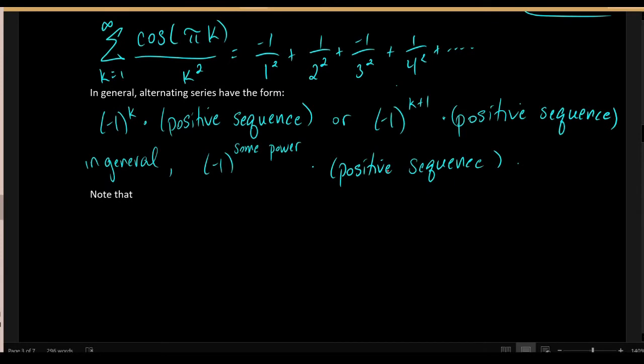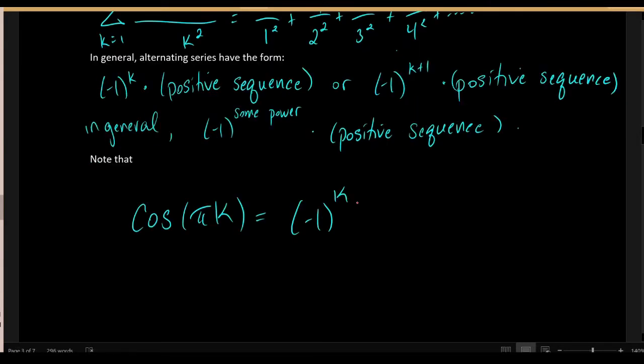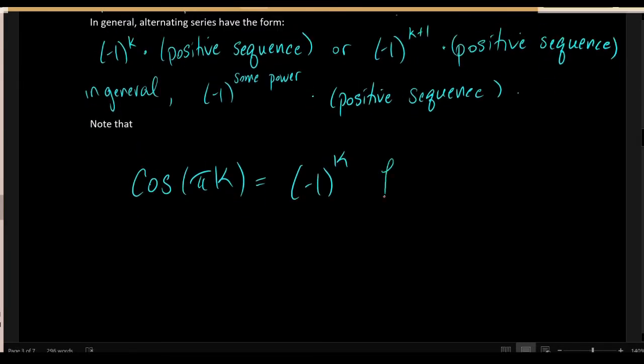For example, cosine of pi k actually works out to be exactly equal to negative 1 to the k. These two quantities are identical for every integer k. They don't match up when you allow k to be any real number, but if you allow k to be only the whole numbers with no decimal part, these two expressions will always match up in value.